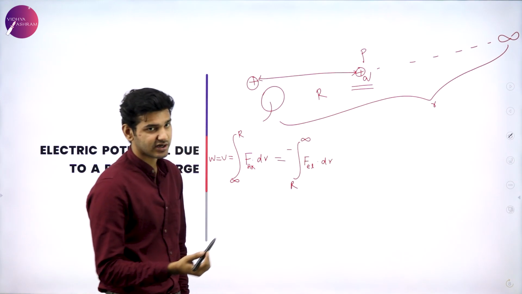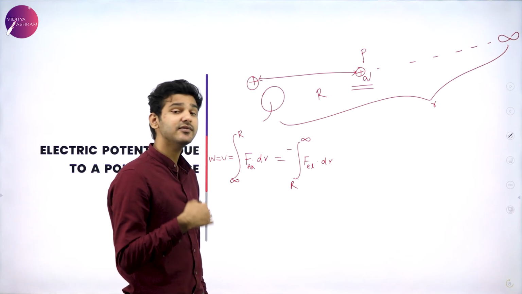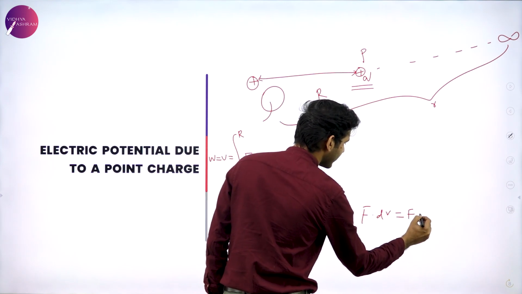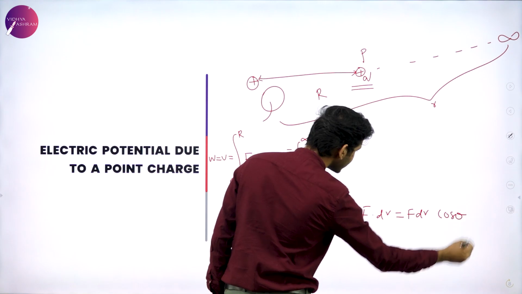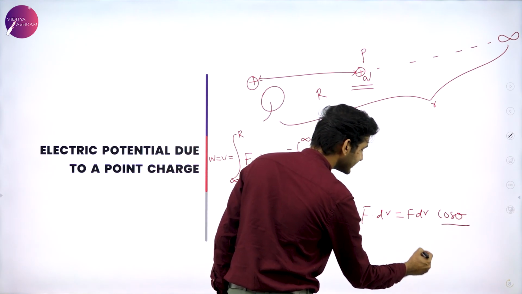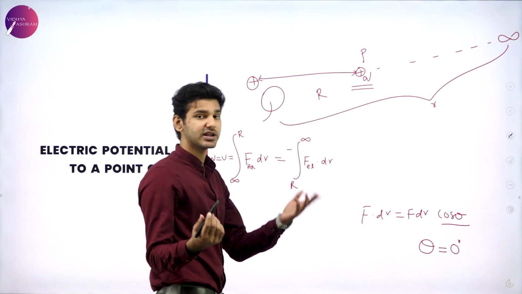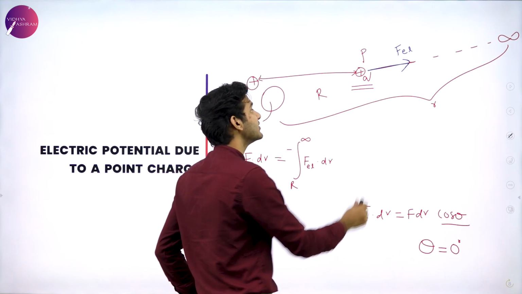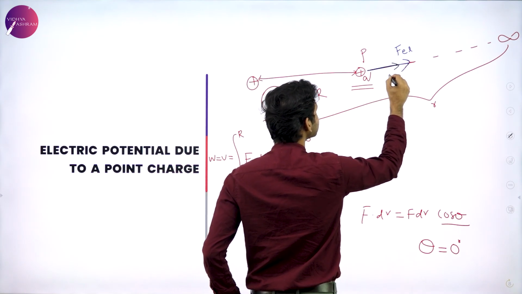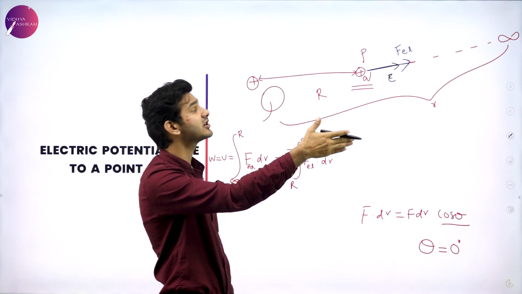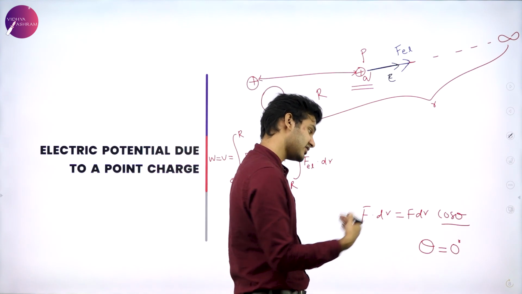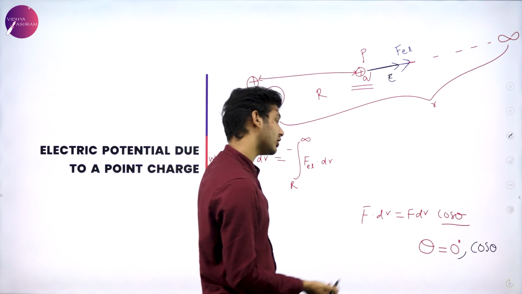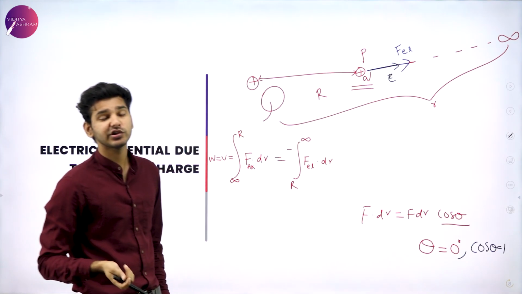So that will be in the opposite direction, and we have to solve this, and we don't have to worry about what F dot dr is, which is equal to F dr cos theta, because here theta is equal to 0 degrees, because the electric field is also in the same direction as the force applied, which means that they are both in the same direction, parallel to each other, and the angle between them is simply 0 degrees, which means that cos 0 is nothing but 1.